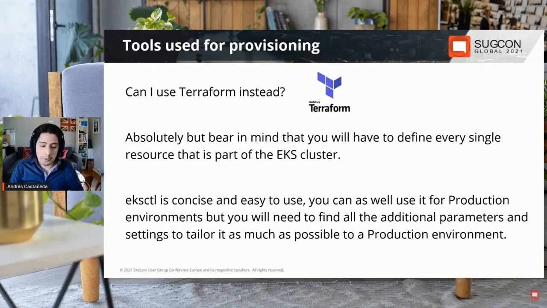It will give you maybe more control in applying your changes because of the Terraform plan and all of those great things. But from what I can say, EKS is concise and is very easy to use. You can as well use it for production environments, but you will need to find the additional parameters to set everything as much as possible for a production level environment.